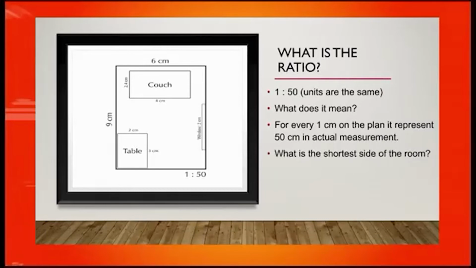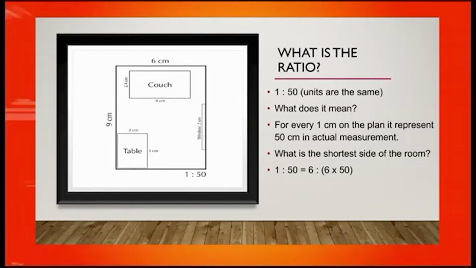All right, what is the shortest side of the room? So you're looking at the room, you see 6 centimeter on one side, 9 centimeter on the other side. Simple. You know that 6 is smaller than 9, so the side that measures 6 is the shorter side of the room. All right, so you have 1 to 50 equal 6 to, so you have 6 centimeter.